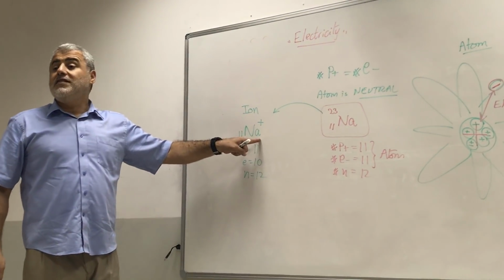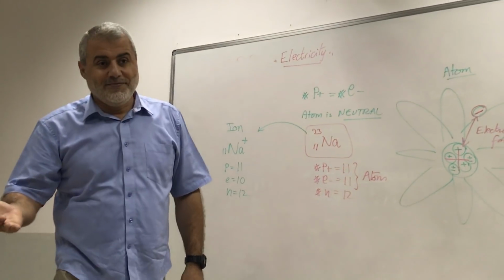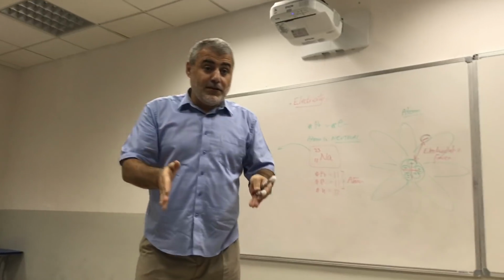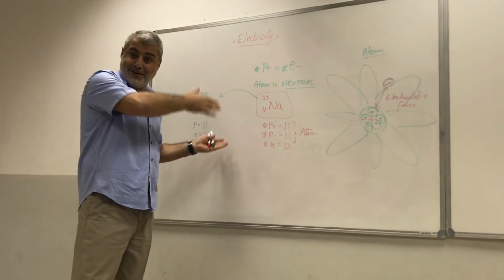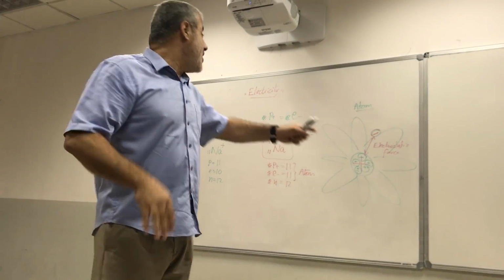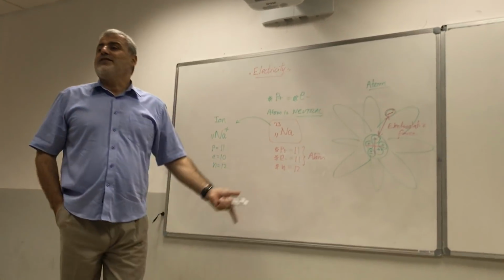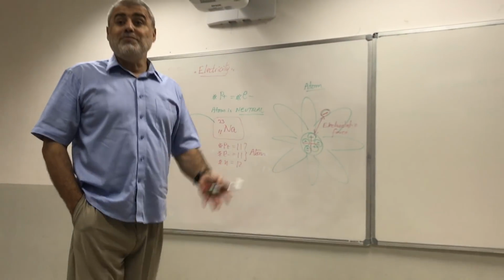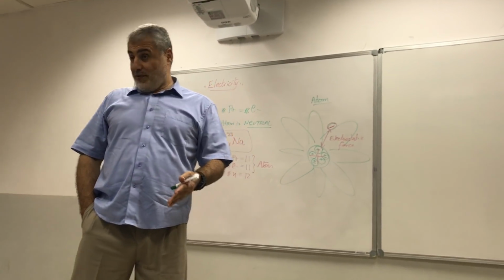So this means this ion has lost one electron. That electron was transferred from the sodium atom to another. This transfer of electrons is simply what we call electricity. Sometimes we call it the transfer of ions. Ions mean charged particles. Okay, Shabab?